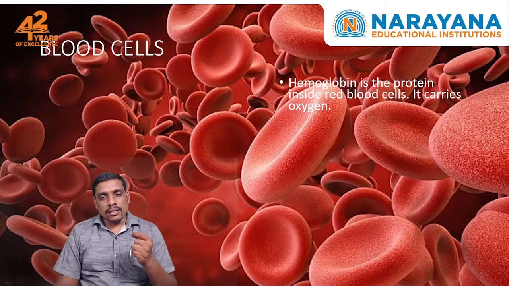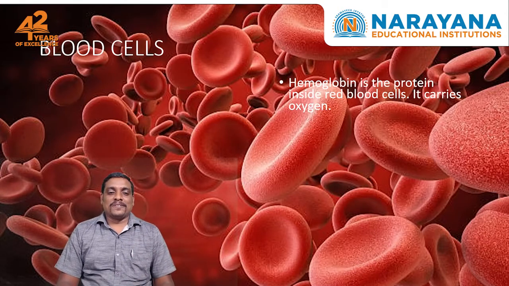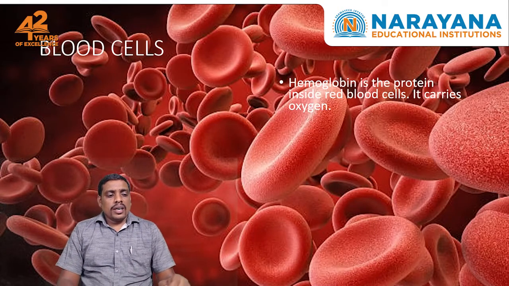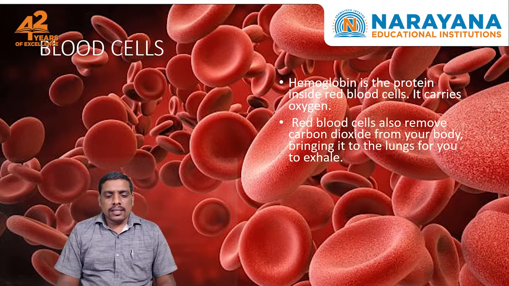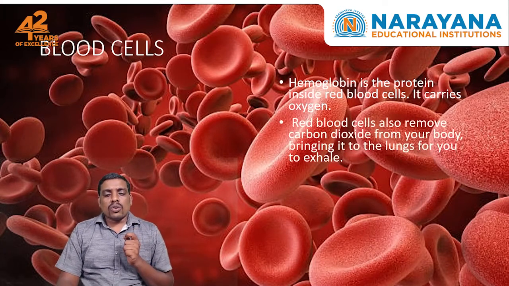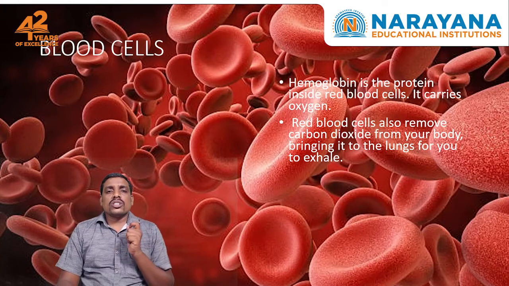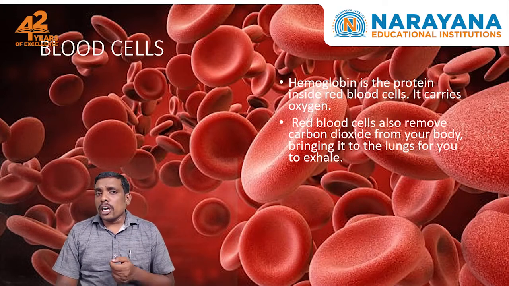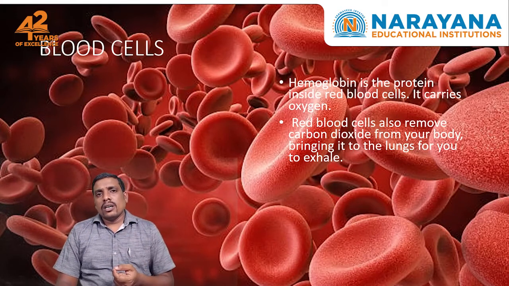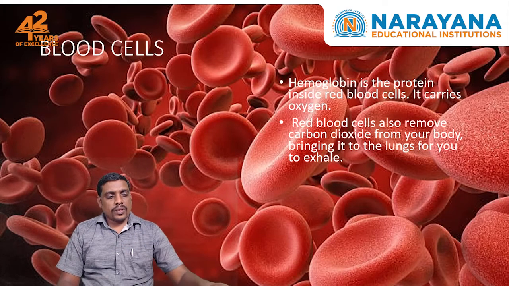Because of this character, it is called an amphoteric solution. Red blood cells can remove the carbon dioxide and at the same time carry the oxygen.